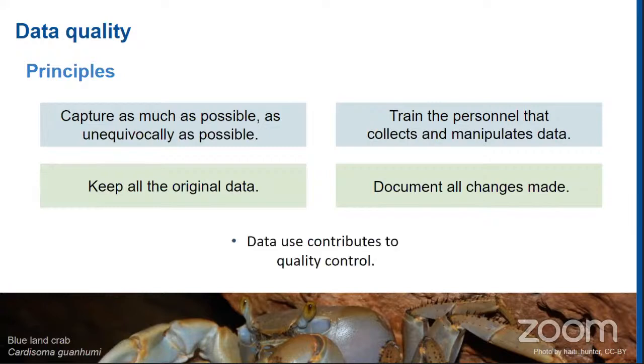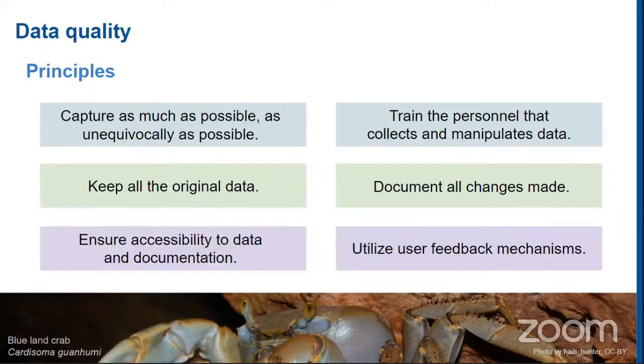And finally, here, as I was mentioning before, when people use the data, that constitutes a quality control, because they might notice errors or problems that we have not noticed before. And so one thing that we have to ensure is that the data and the documentation are accessible.